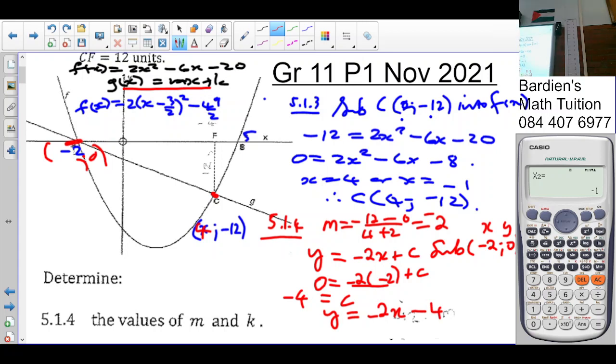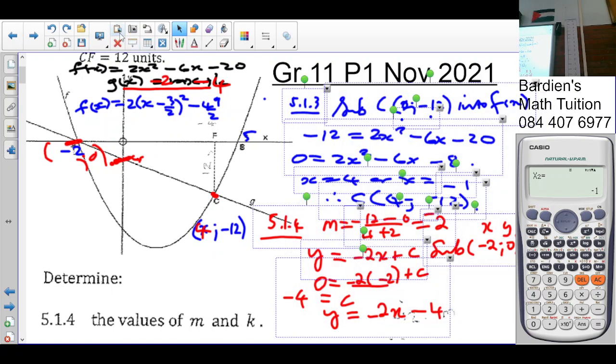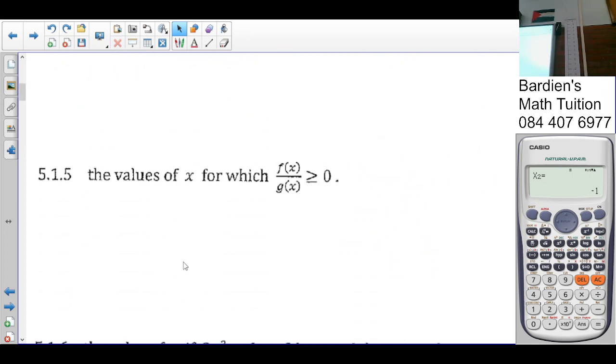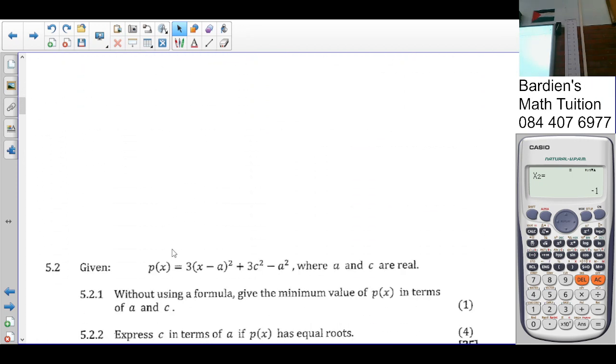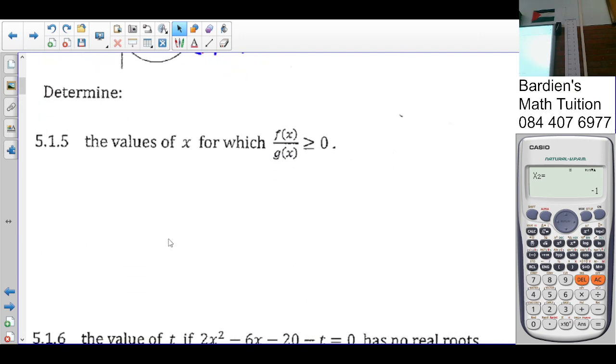Does it make sense? Yes, because there is your negative 4. Negative 2x minus 4. Okay. Then the next question, 5.2, we'll wrap up next week, and that is sort of the paper.